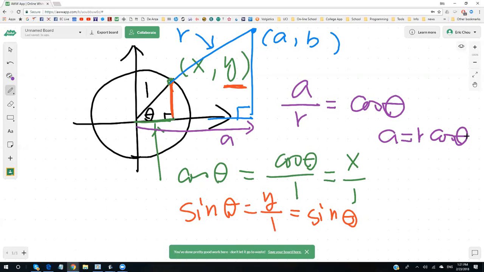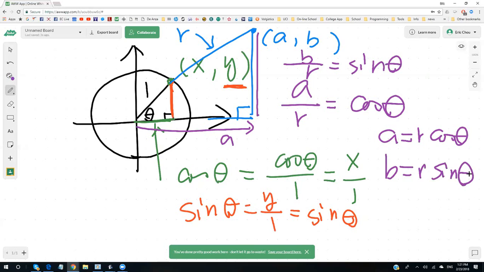Same thing on this side: B over R equals sine theta, and then B equals R sine theta. Is that okay?